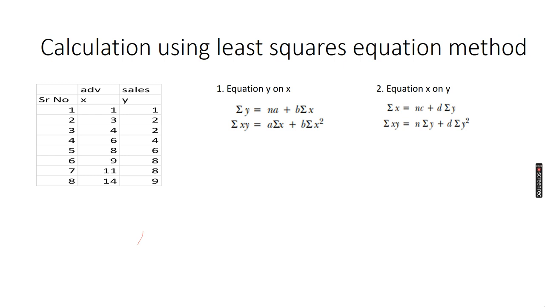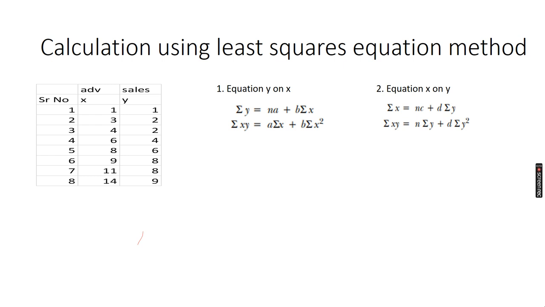Now, for calculation, have the data on your screen, which has 8 observations for advertising, X variable, and for sales revenue, which is your Y variable. Now, the formula for calculating the equation y on x is put up in the first equation, where you would need data in this form, that is summation y equal to NA.